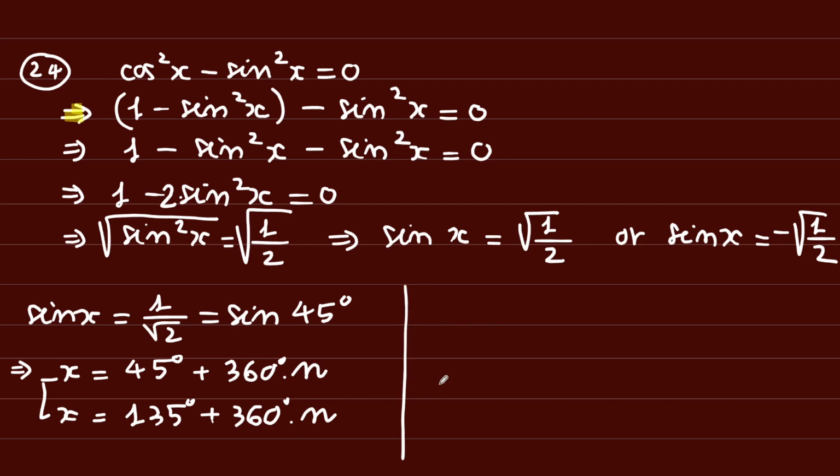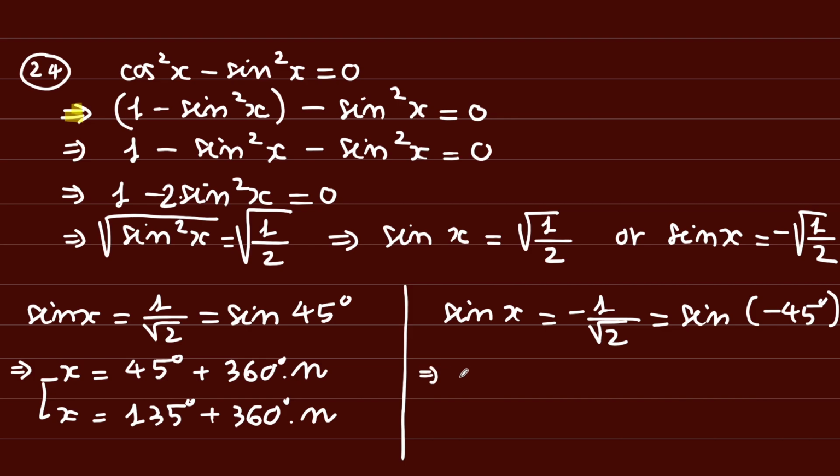Okay, that is the first equation. The second one is sine h equal to minus 1 over square root 2. This is equal to the sine of minus 45 degree. Minus 45 degree will be the second original angle. h equal to minus 45 plus 360 degree multiplied by n.